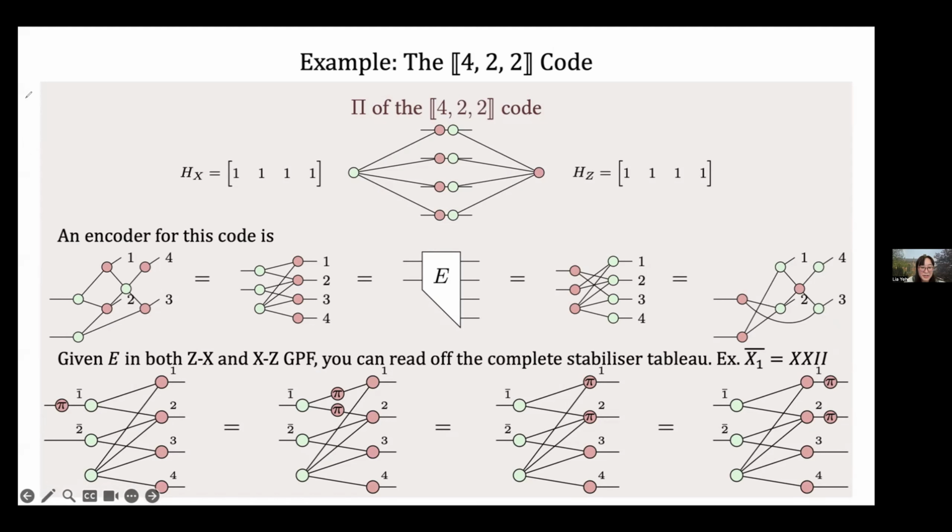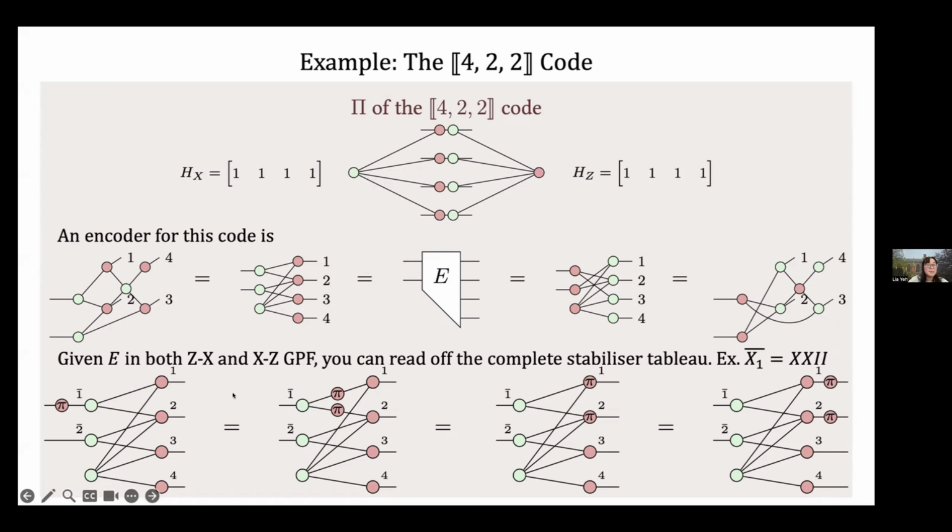Then you push that through the encoder, in this case just copy, fuse, unfuse. Finally, at the rightmost bottom diagram, you get physical X on the first two physical qubits and identity on the other two physical qubits. This is in essence a proof that X1 bar, logical X on the first logical qubit, is equal to XXII on the physical qubits.